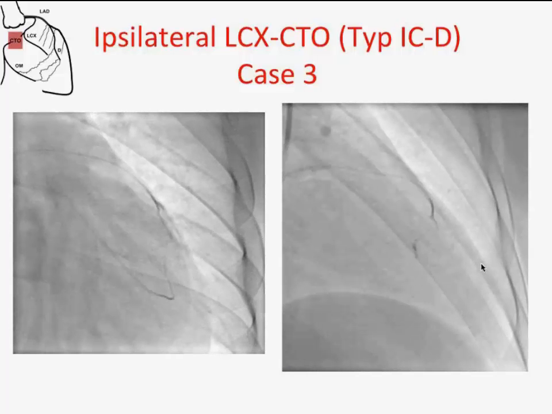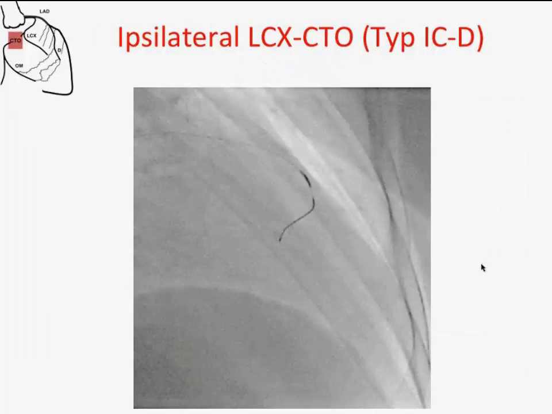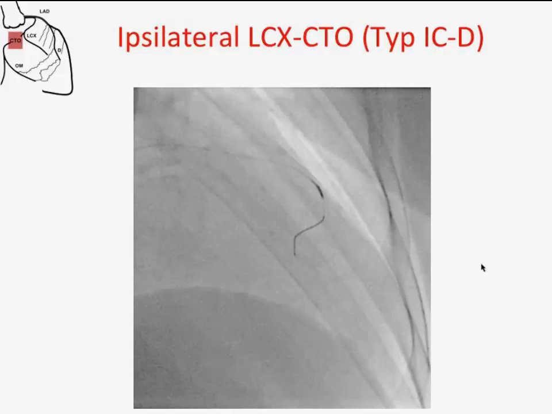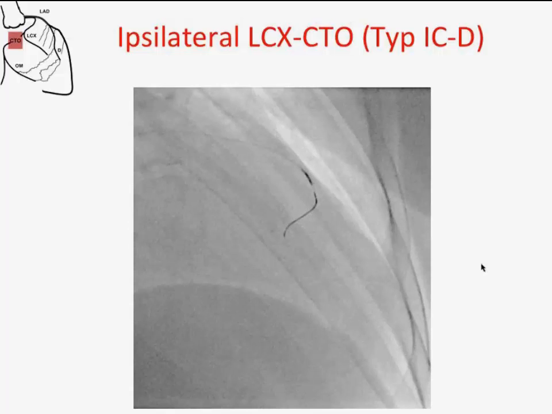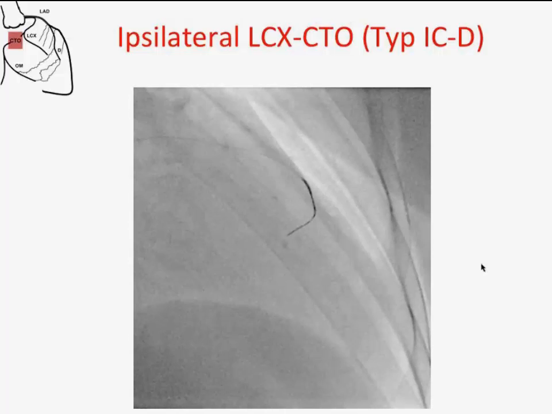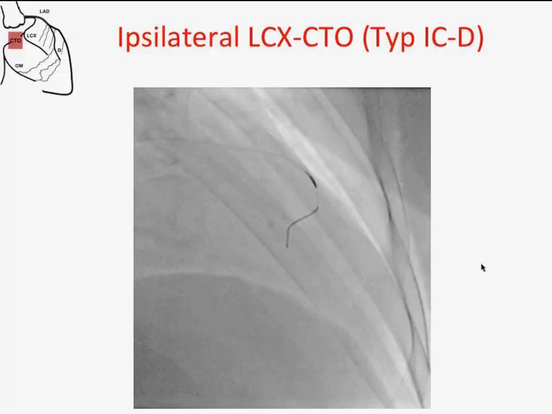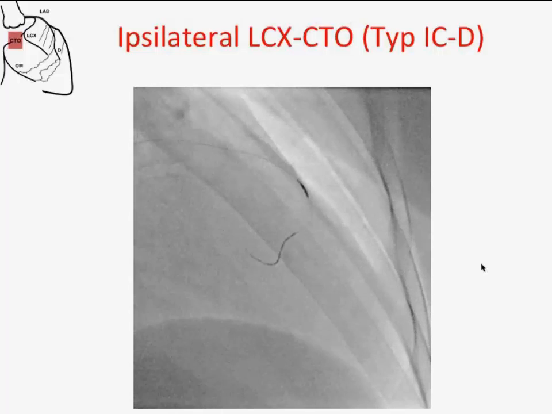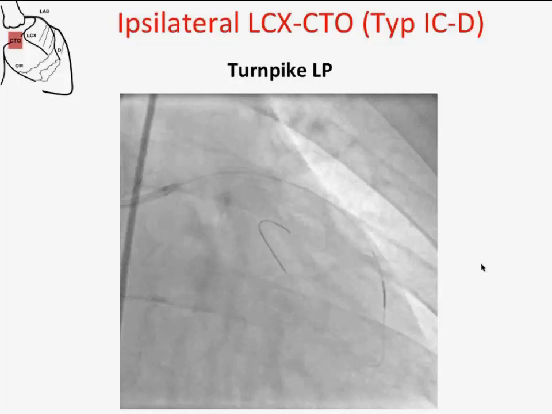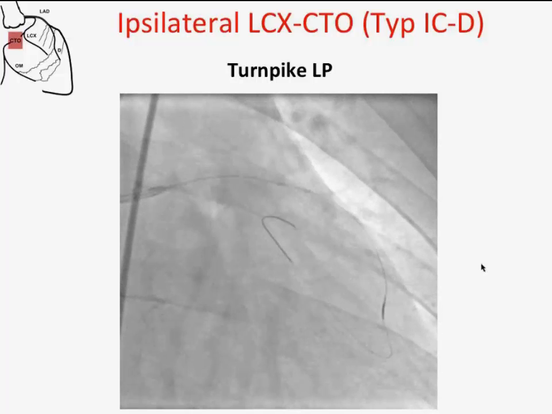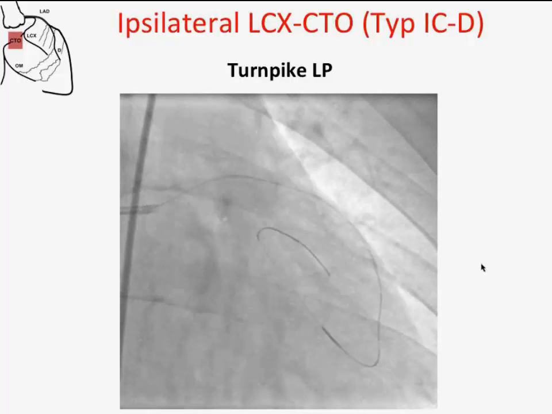I did a superselective injection to understand the morphology of the collateral, and here is how the Xeon Black wire behaves. It went in the wrong direction, then it took the right curve. Here you can see it, and then just bring it forward. And here's also the Turnpike LP, which is really a very, very nice device, as you can see here.